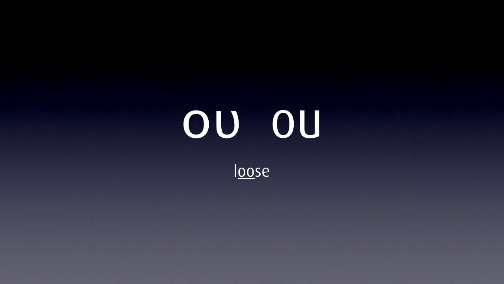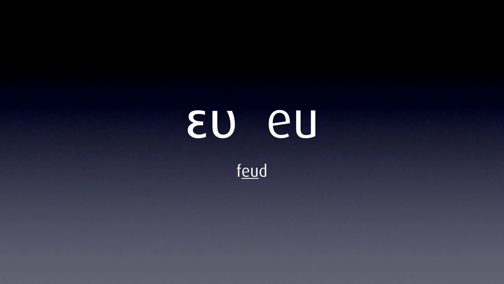Next, omicron-upsilon makes an u sound, as in loose. Epsilon-upsilon makes a u sound, as in the word feud. Finally, there's an upsilon iota combination, which makes a we sound, as in sweet.